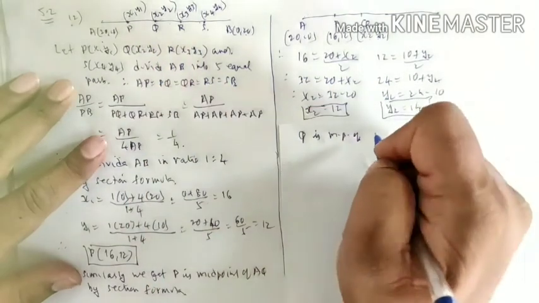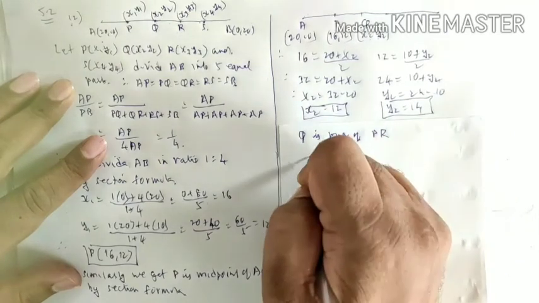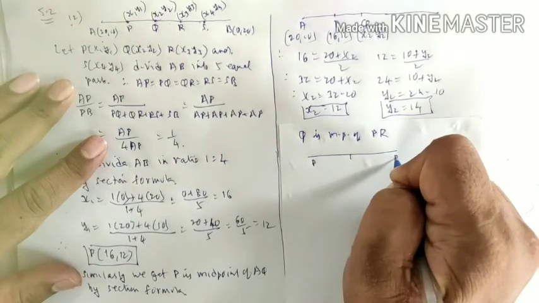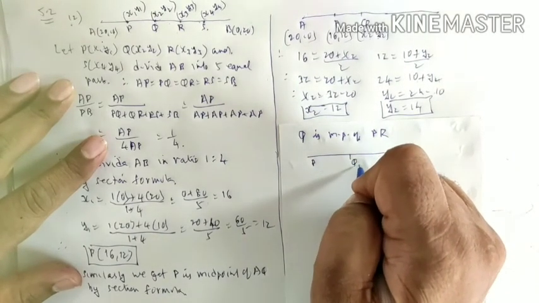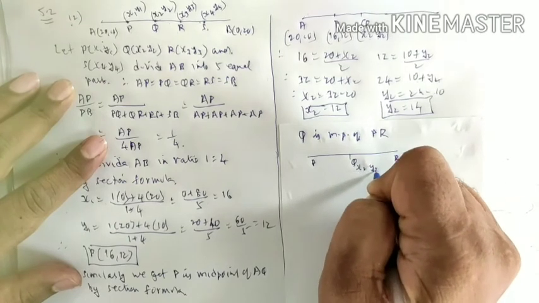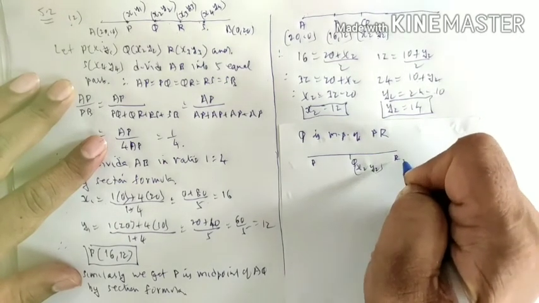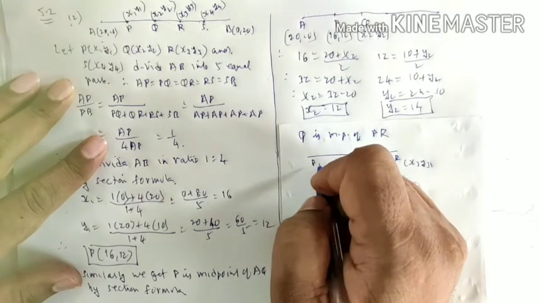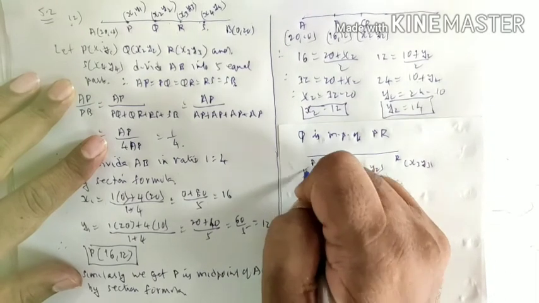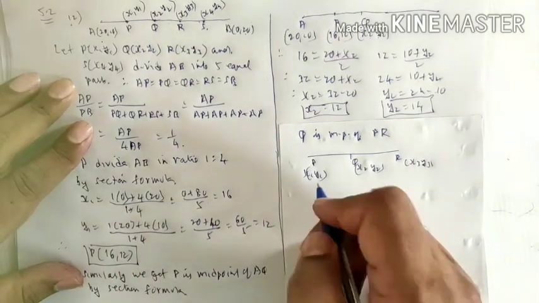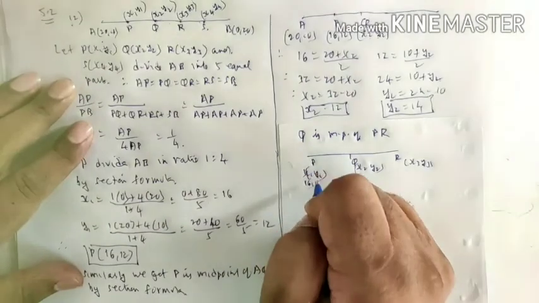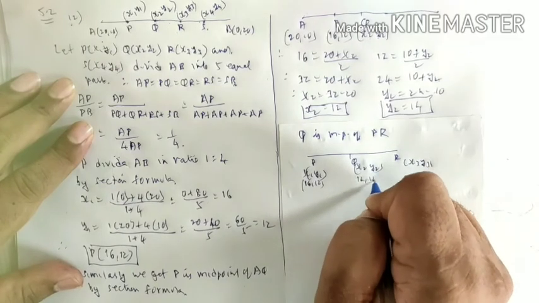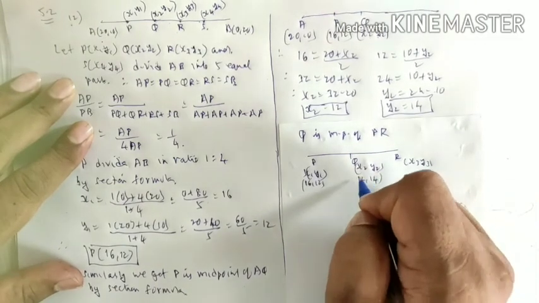Q is midpoint of PR. So see, here we are having P, here we are having R. This is point Q. Q is x2, y2. What is R? x3, y3. What is P? x1, y1. x1, y1 already we got 16, 12. x2, y2 we got 12, 14. x3, y3 now we can find.